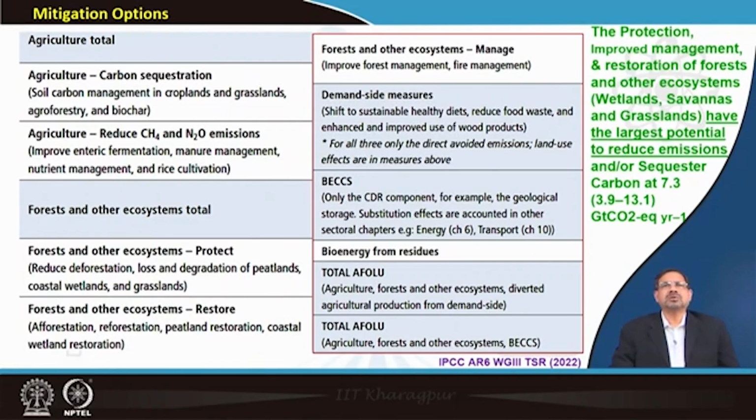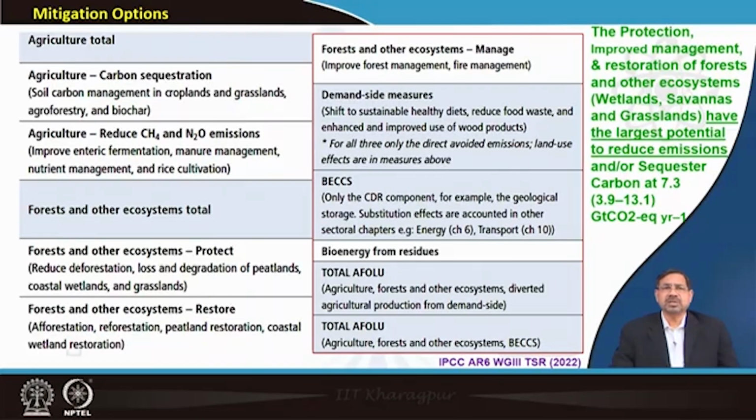Forest and other ecosystems, in terms of totality. So forest and other ecosystem protection, in terms of, let us say, reduction in deforestation, loss and degradation of peatlands, the management of coastal wetlands and grasslands, they all contribute towards the protection of forest and other ecosystems, and restoration.